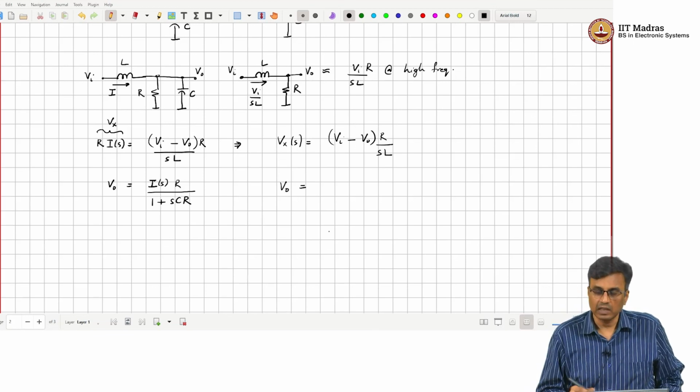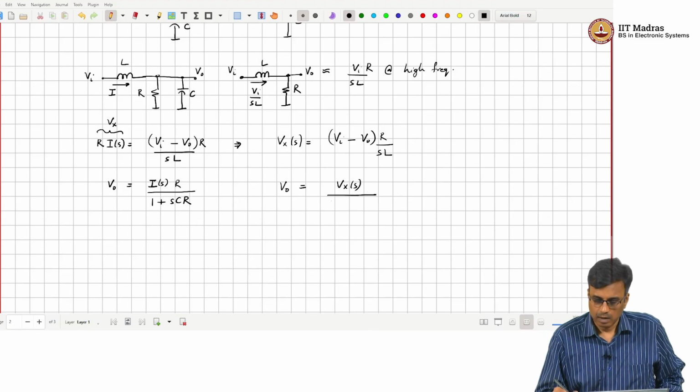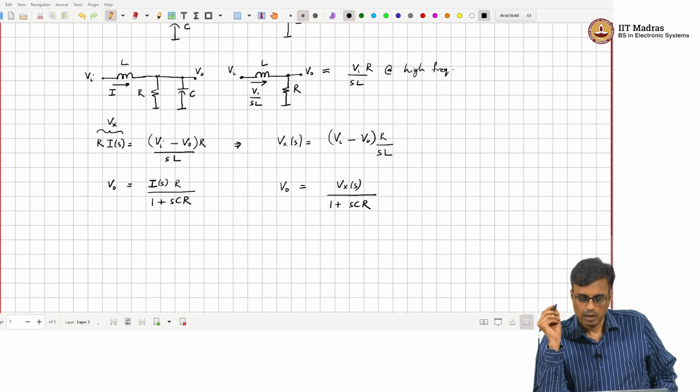and Vo is nothing but, take Vx of S and low pass filter, correct.